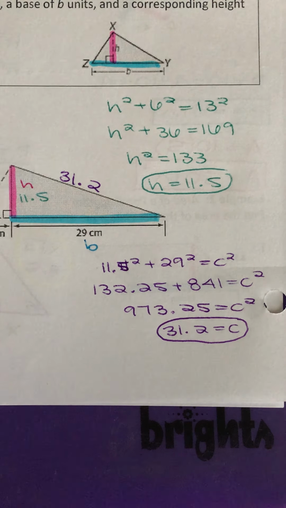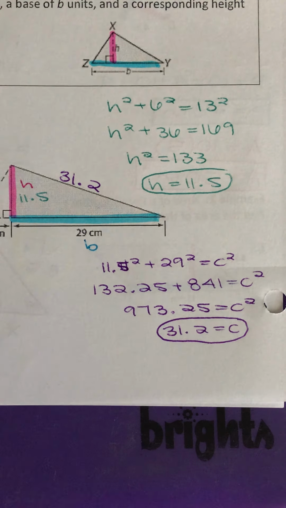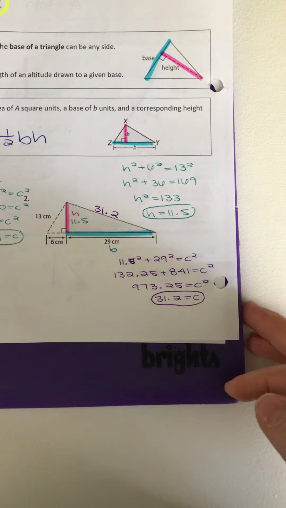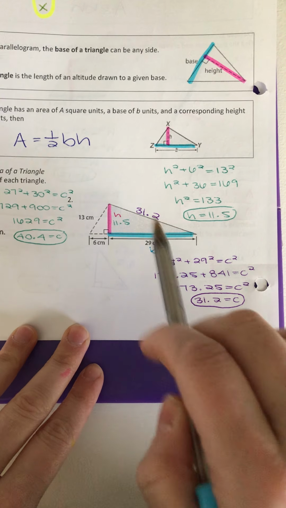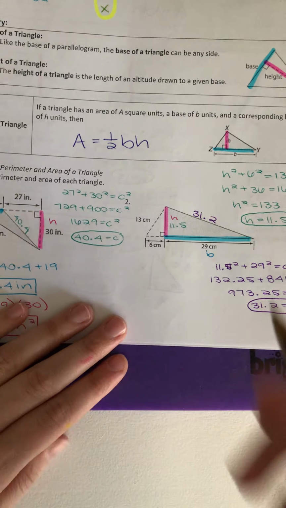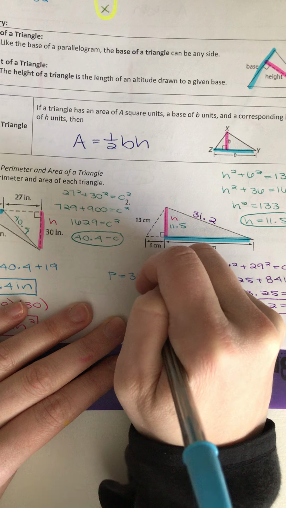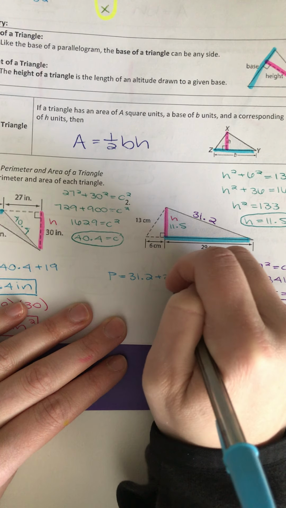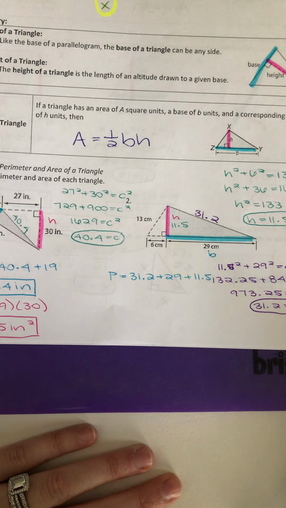So this is all just setting up the problem. We haven't even found the perimeter or area yet. So I'm going to go ahead and do that now. So remember, we're finding the shaded triangle. So my perimeter is 31.2 plus 29 plus 11.5.